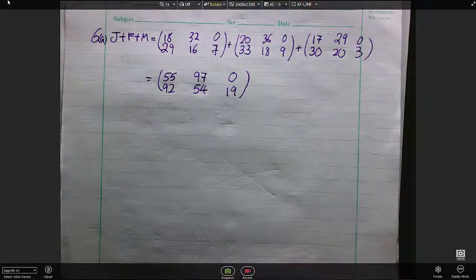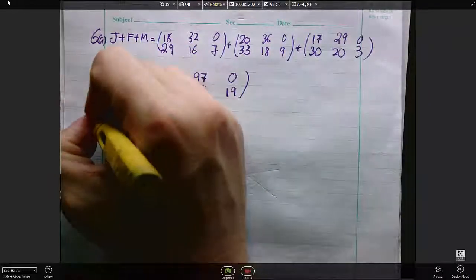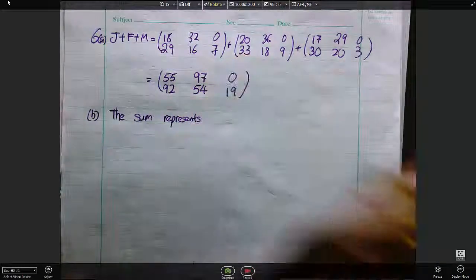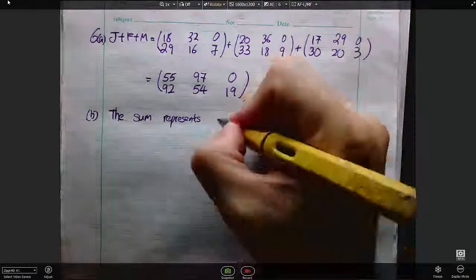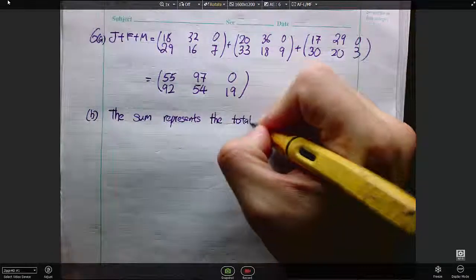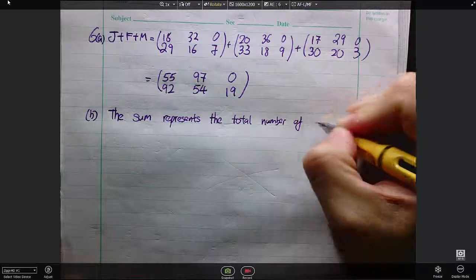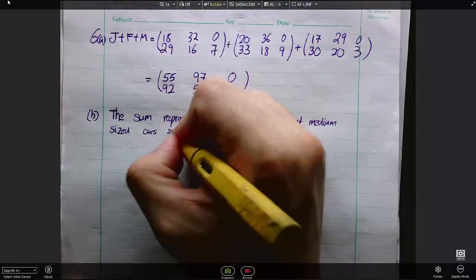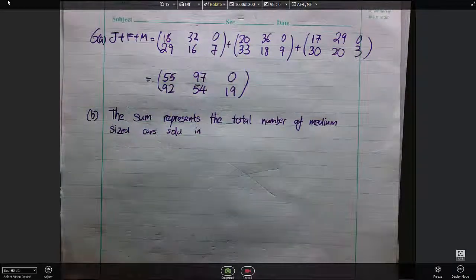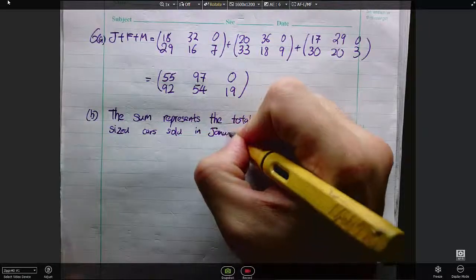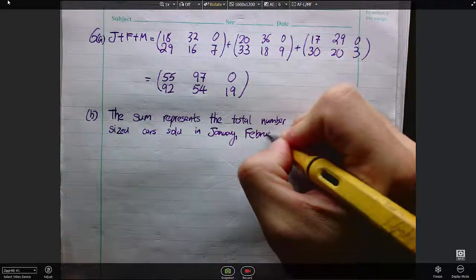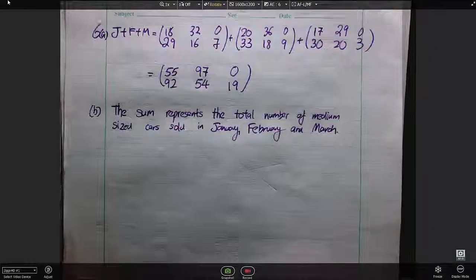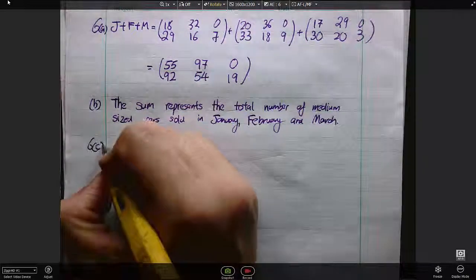The sum in the second row represents the total number of medium-sized cars sold in January, February and March. That is 6b. Now we move on to 6c.